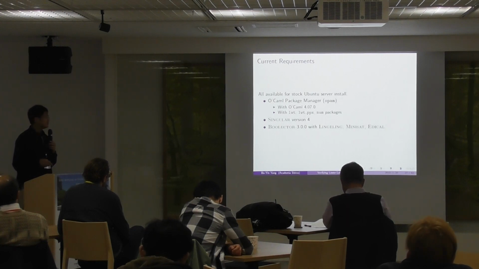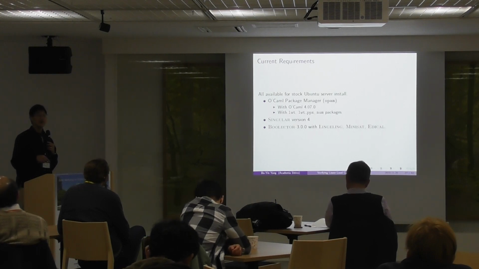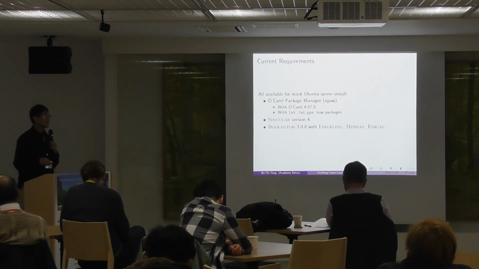This can all be done using a stock Ubuntu server install. We've also tried to install on Fedora Linux, and it also kind of works. We have not tried other installations, but we are hoping to get everything working on most Unix implementations.